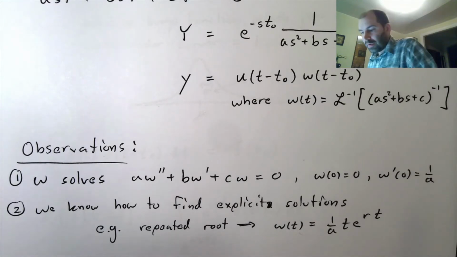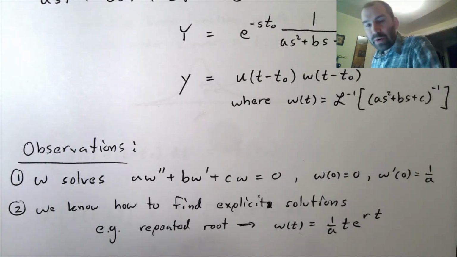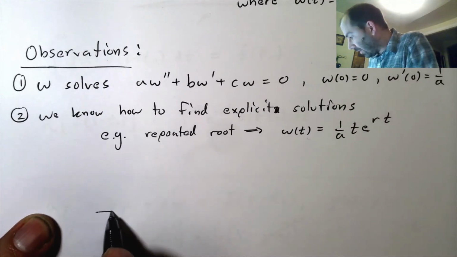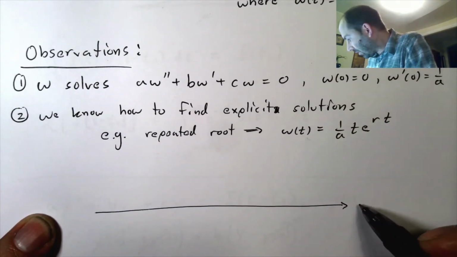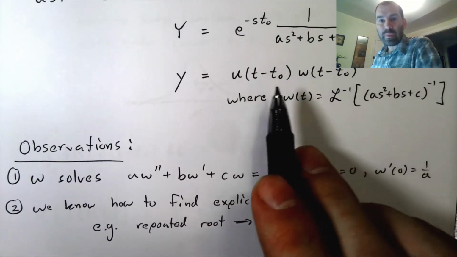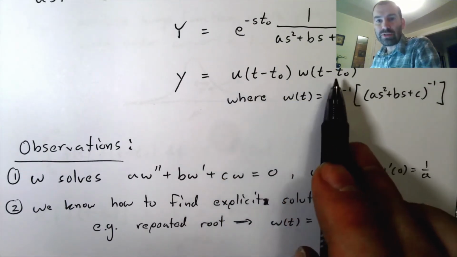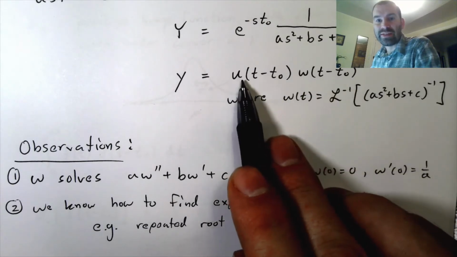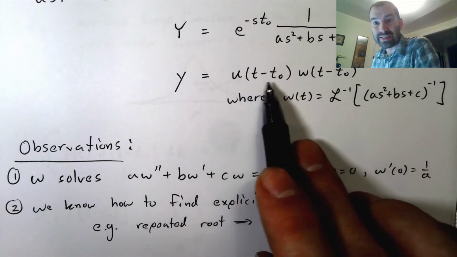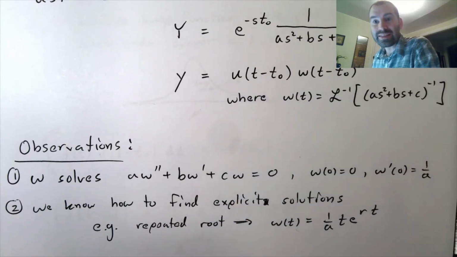Okay? And how does that shift work? Well, if I were to draw a graph, what's going on here? Here we have the t-axis, right? What we have done is we've shifted this graph t0 units to the right. It's 0 up until we get there, and then the step function kicks in and allows this to exist past t0.